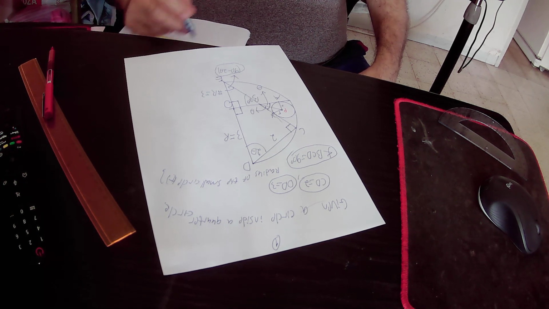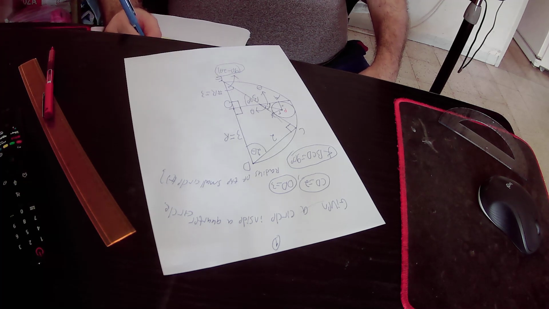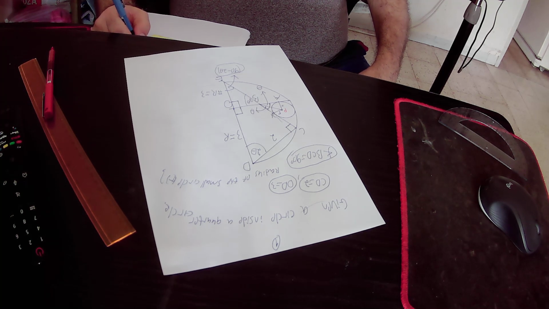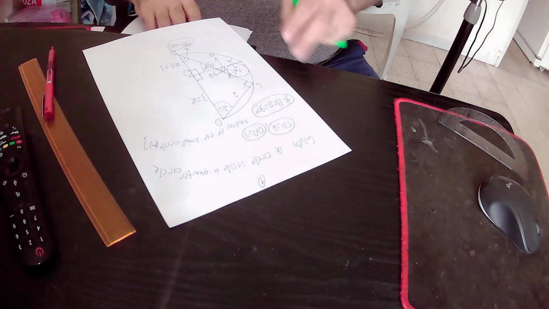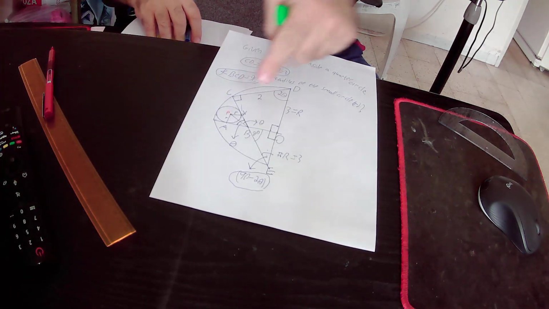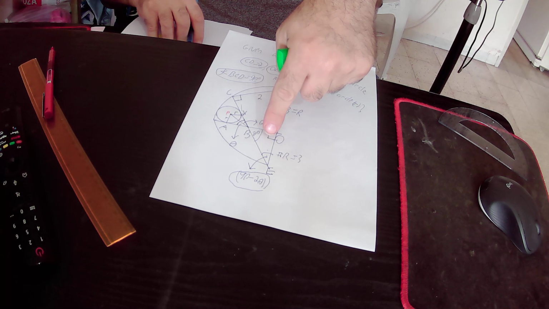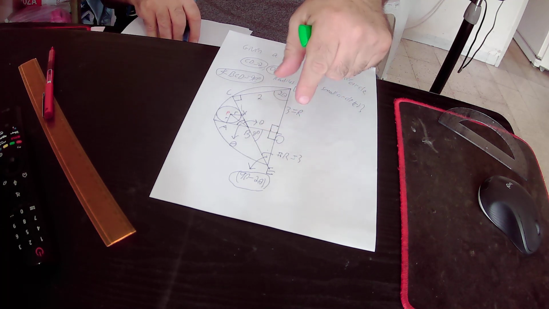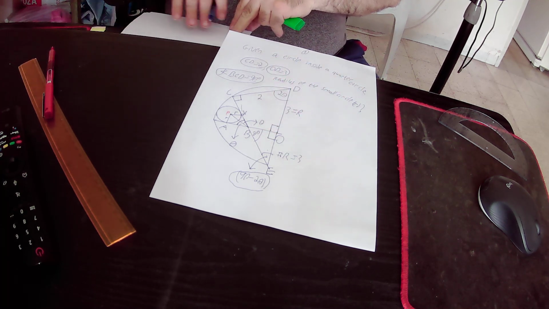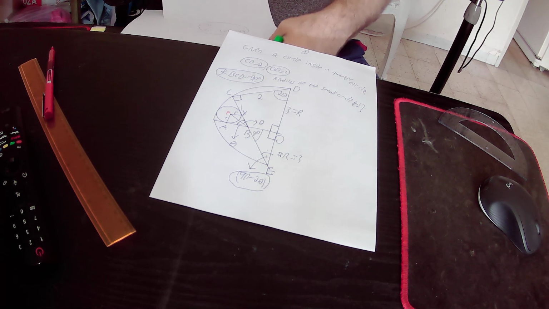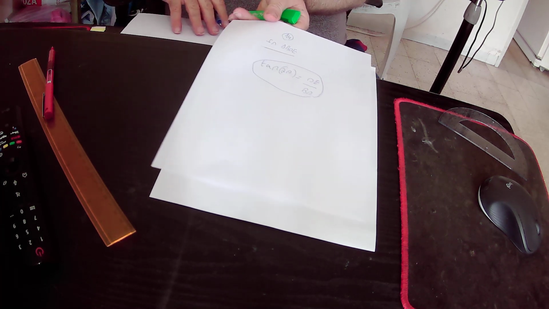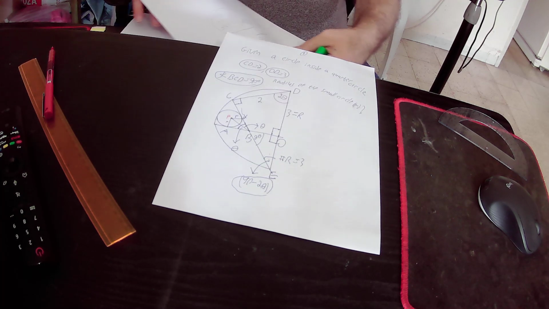Tangent theta equals OE over BO. Again, in the right triangle BOE, tangent theta equals OE over BO.